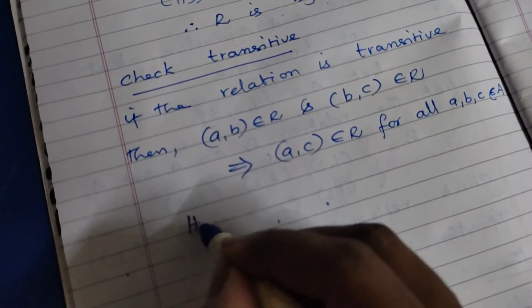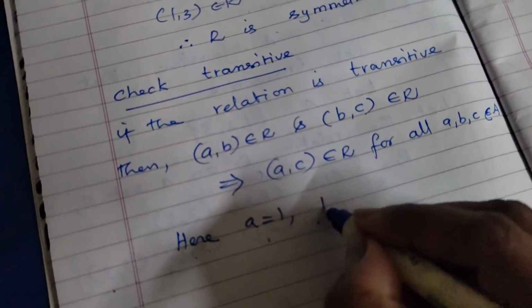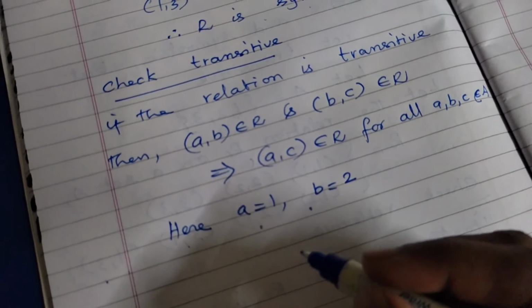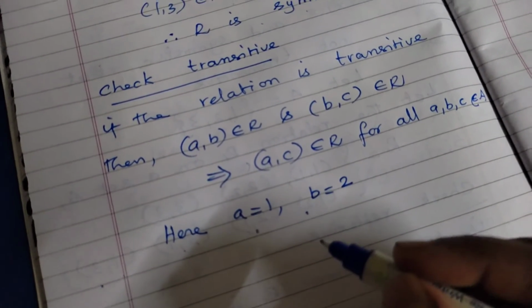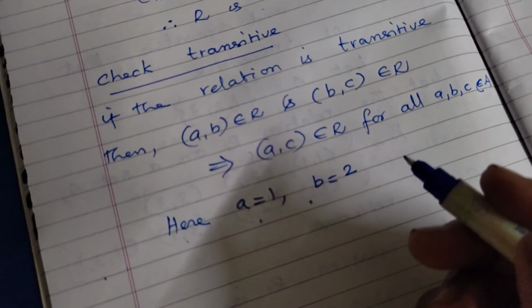Here A equal to 1, B equal to 2, but there is no element for C. There is no third element here.